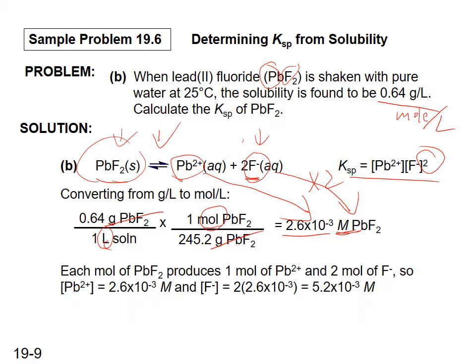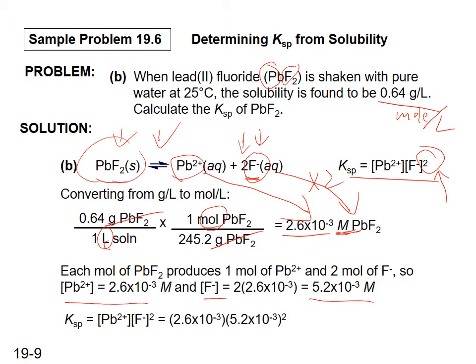So here are the concentration of lead, and this is the concentration of fluoride. And when we write the Ksp, don't forget the square here. Whenever you have coefficient 2, you need to square fluoride. So this is the Ksp, the lead concentration, fluoride squared, and that's the final answer, Ksp, 7 times 10 to the minus 8.